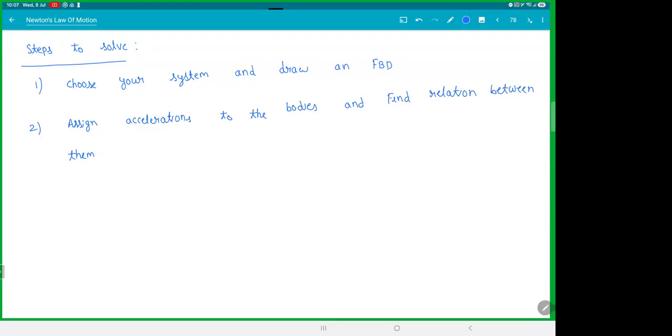Yeah, in the next class, we'll start moving things. Choose your X and Y axis and resolve your forces and accelerations along them.